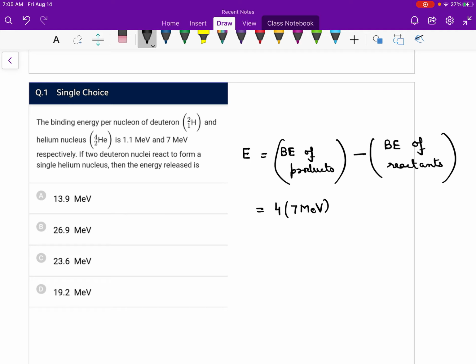volt. Binding energy of reactants: 2 deuterons fuse, so 4 is the mass number and into 1.1, so this is 28 minus 4.4 MeV, so this is 23.6 mega electron volt. Okay, first question done.